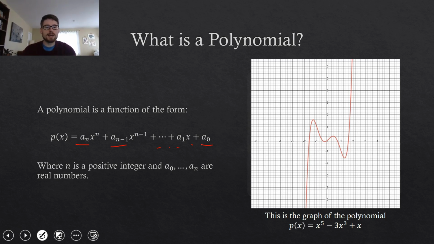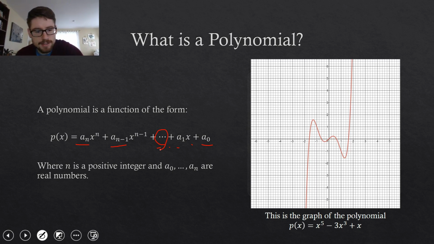Okay, and this is kind of a weird notation we've maybe not seen before, where we're writing out this ellipsis, the dot dot dot. This means you can have many terms for a polynomial. It doesn't have to have just 3 or 2 or 5.